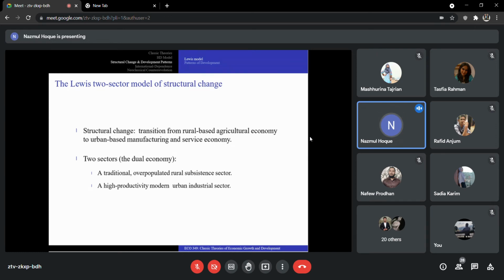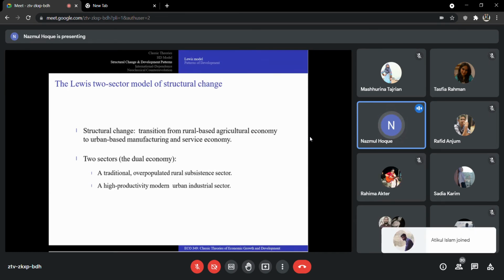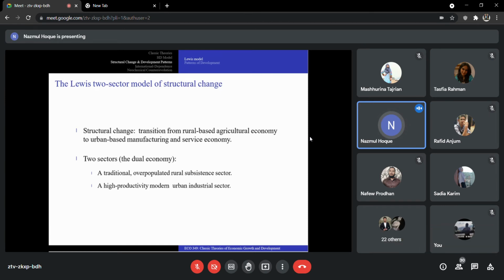As I mentioned, Lewis two-sector model is one of the most famous models in this framework, in the structural change theory area. So structural change theory basically says that underdevelopment is because of underutilization of resources arising from structural or institutional factors originating from both domestic and international conditions.